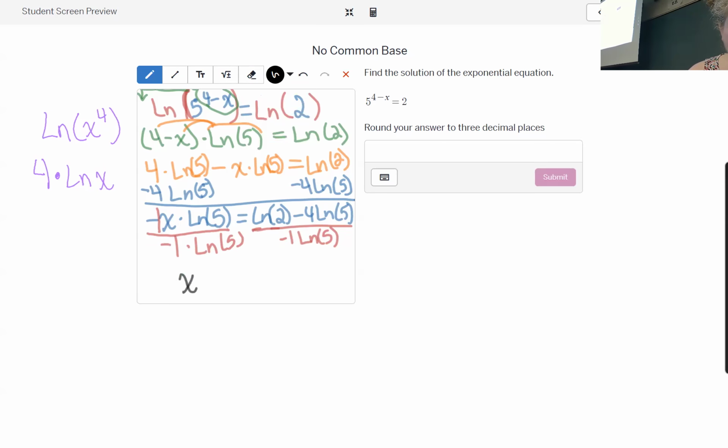So that leaves us with x by itself. Our directions said to round to 3 decimal places. This is a crazy mess I can type on the calculator. This question in WebWork actually asks us to just type in that crazy fraction, and that's the answer WebWork wants. But we can also get the decimal.